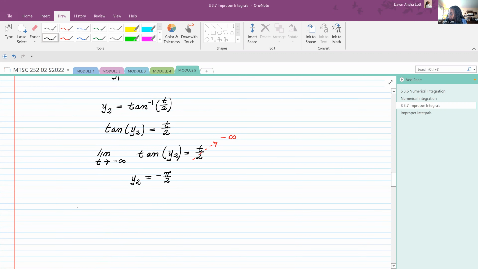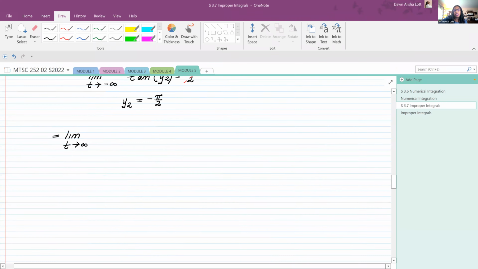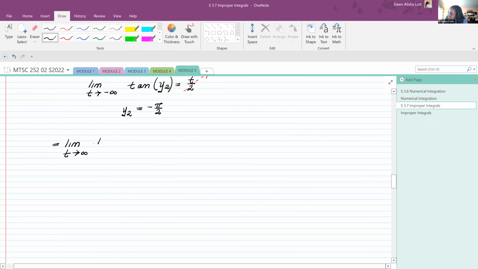So now I have the limit as t approaches infinity of tan inverse 2. No, it's a 1/2. I apologize. Is it a 2 or a 1/2? I forget. Let me see. It is a 1/2. Okay, I need a 1/2. Then we had the tan inverse of 0. We said that's 0 minus the tan inverse of t over 2.